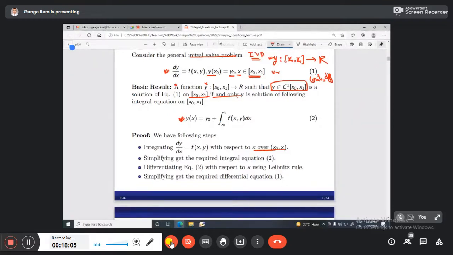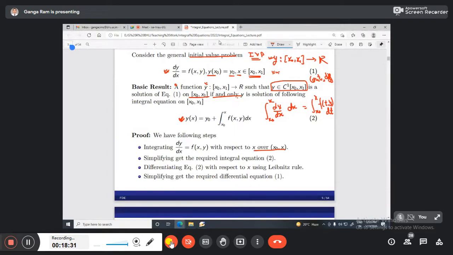When we take the integral, we obtain the integral of dy upon dx from x naught to x with respect to dx equal to the integral from x naught to x of f of t, y of t, dt. Do you agree? So basically it is nothing.